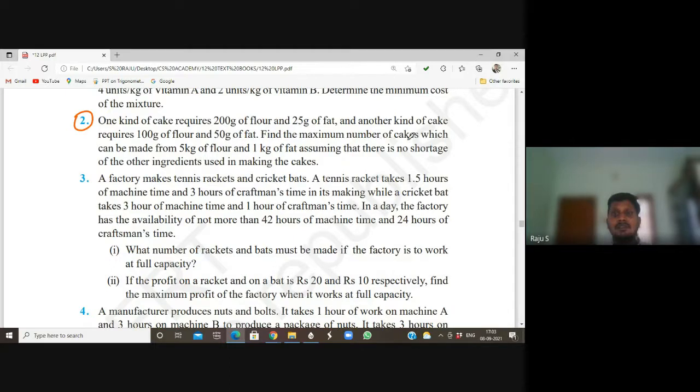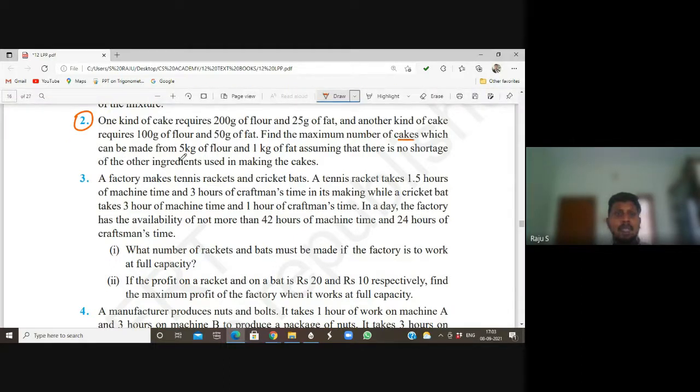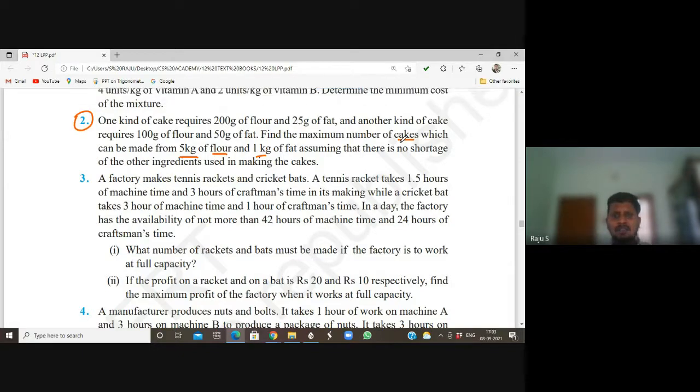Find the maximum number of cakes which can be made from 5 kg of flour and 1 kg of fat, assuming that there is no shortage of the other ingredients used in making the cakes.